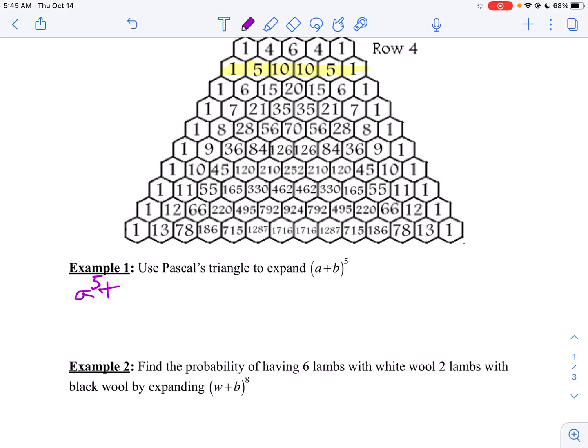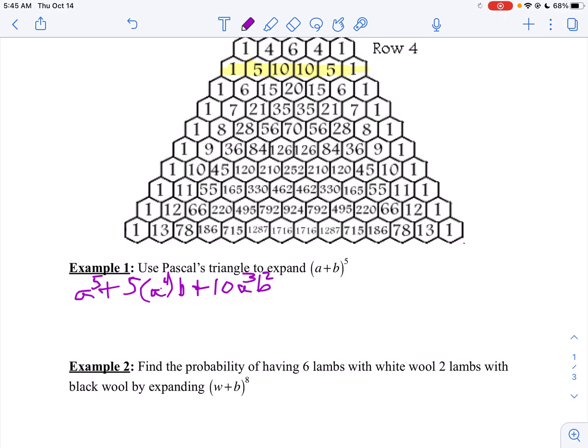Plus my second term in my row is 5. So I'm going to say plus 5 times a to the 4th, and that'll be b to the 1st. Plus my next term is 10, so my coefficient is 10, a to the 3rd, b squared.